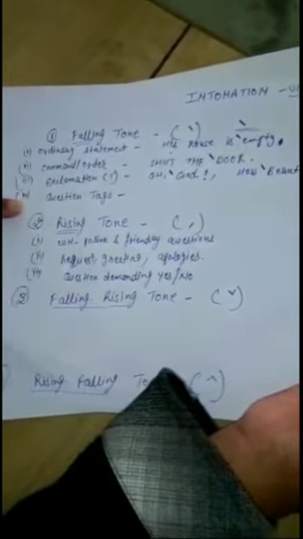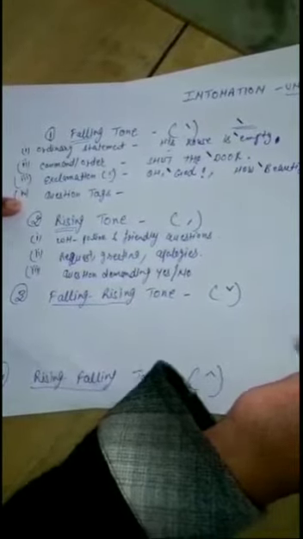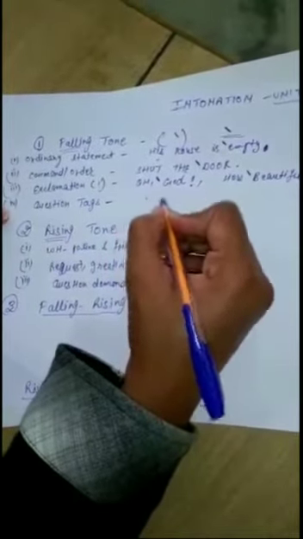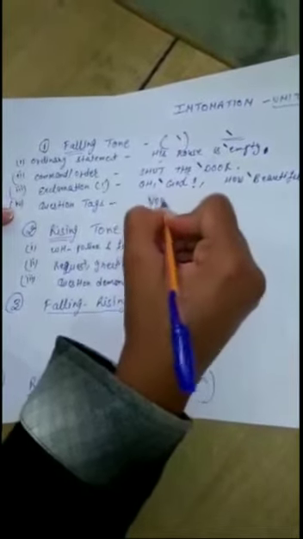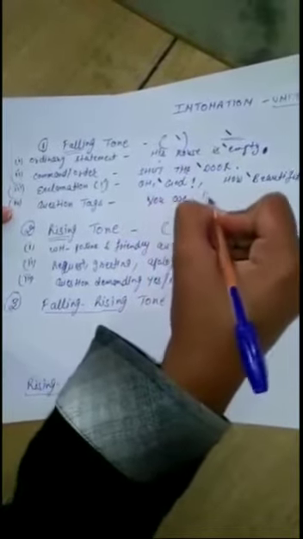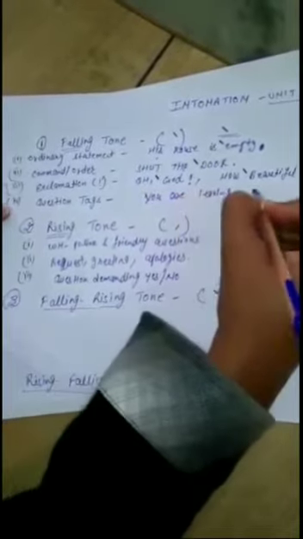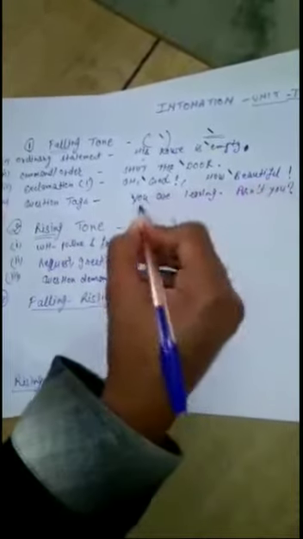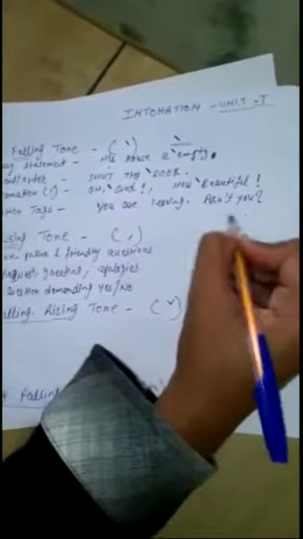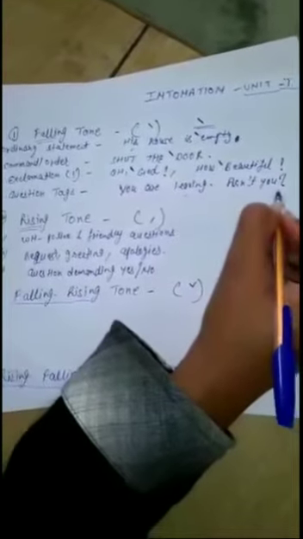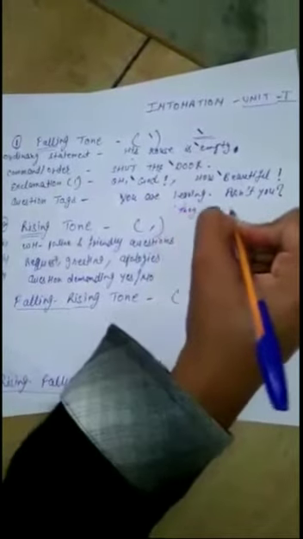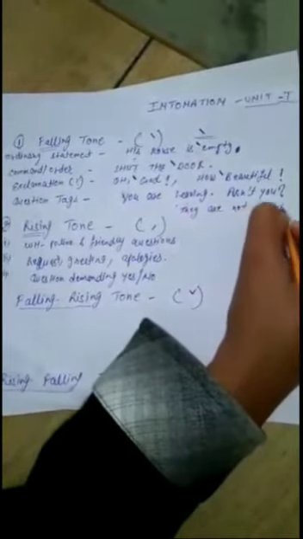Next point we have in this is a question tag. Question tags are the sentences where you have a question at the end. For example, you are leaving, aren't you? That means there is a simple statement and then you have a question at the end. There are many sentences like that. For example, they are not going, are they?